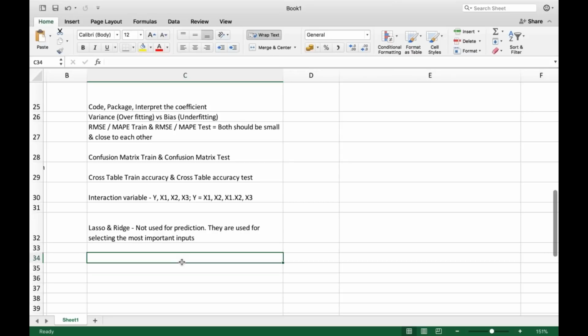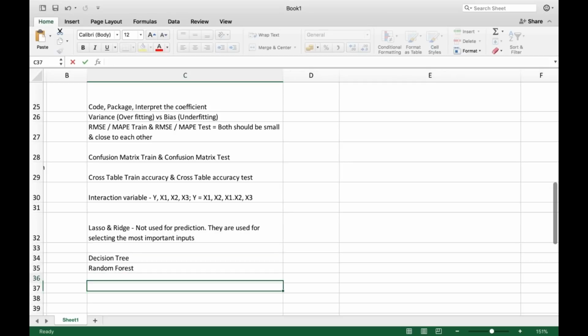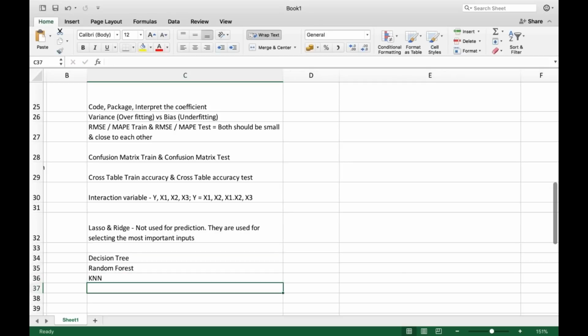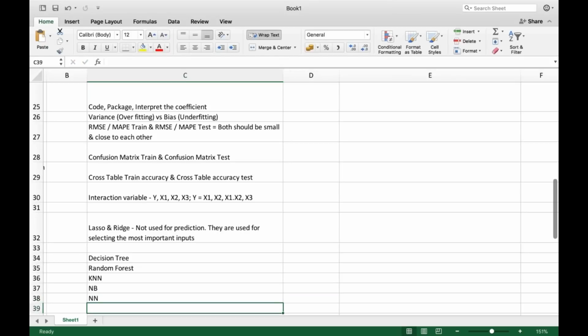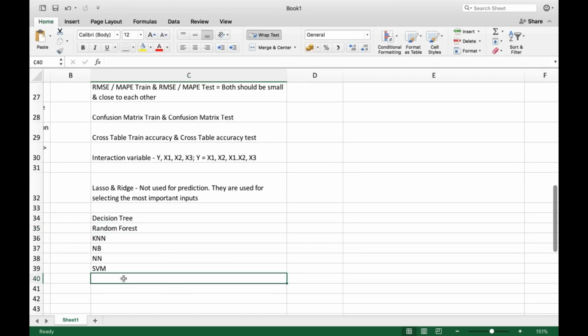Okay. Then you will have the other machine learning techniques such as decision tree. Then you have random forest. Then you have k nearest neighbor, and most widely used, that is what I'm discussing here: Naive Bayes, neural network, SVM. There are a lot of additional techniques such as gradient boosting, extreme gradient boosting, right?